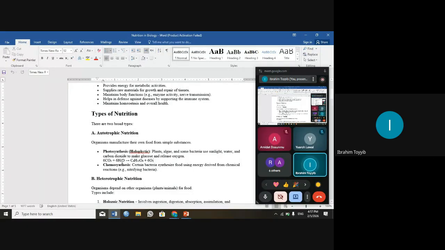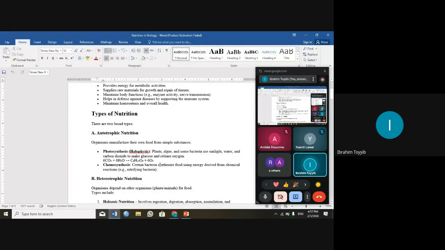Therefore, if you are asked for the factors that affect photosynthesis, you'll be talking about carbon dioxide, water, chlorophyll, and sunlight. So that's that, and it's also referred to as what? Holophytic nutrition. Now chemosynthetic nutrition.